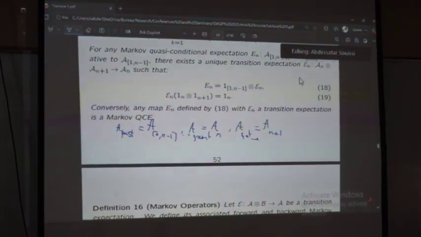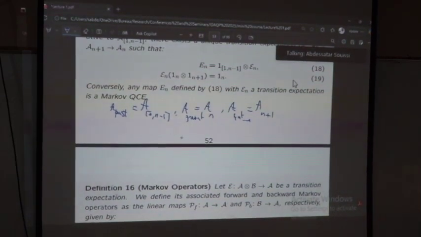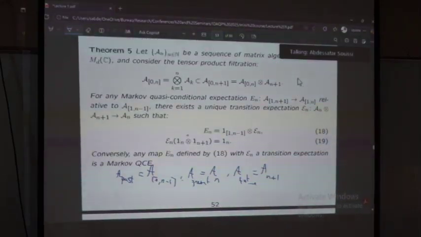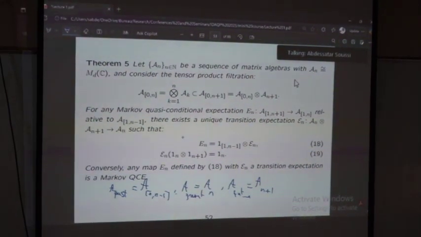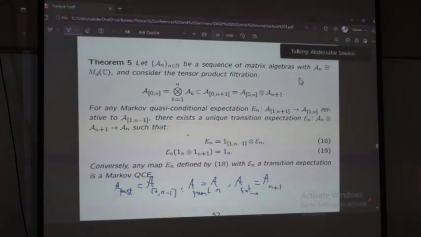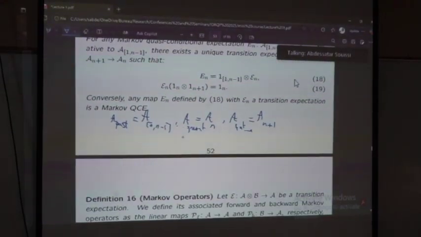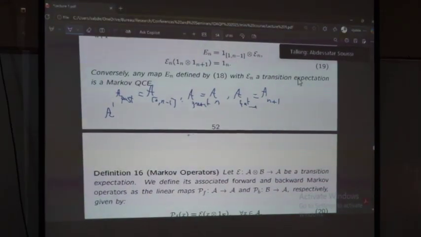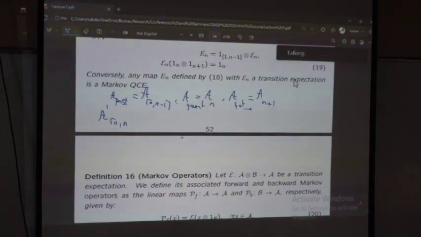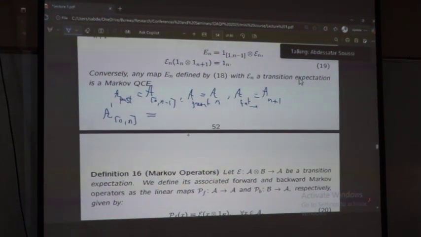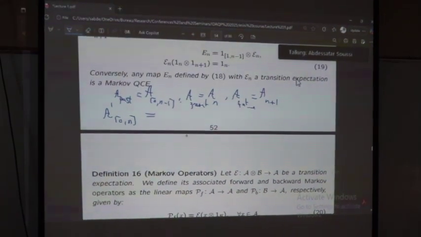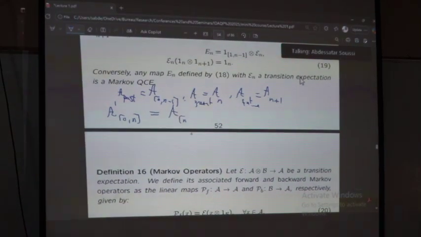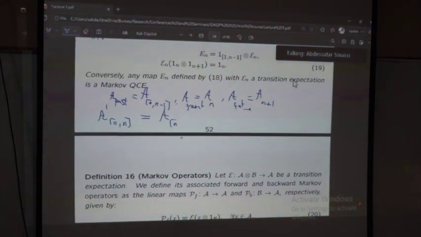Now for the Markov property, since all of the algebras are factors, we can see that the center of M_d(C) is reduced to the identity. Then the commutant of this algebra, of course, in the biggest algebra, which is the tensor product, is exactly A_{n plus 1} tensor, I mean, here n minus 1.